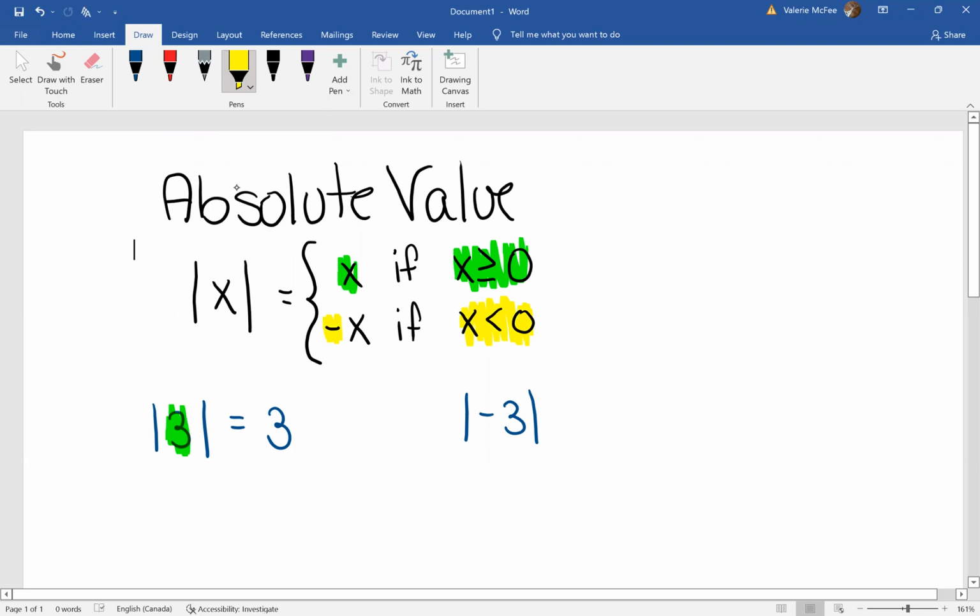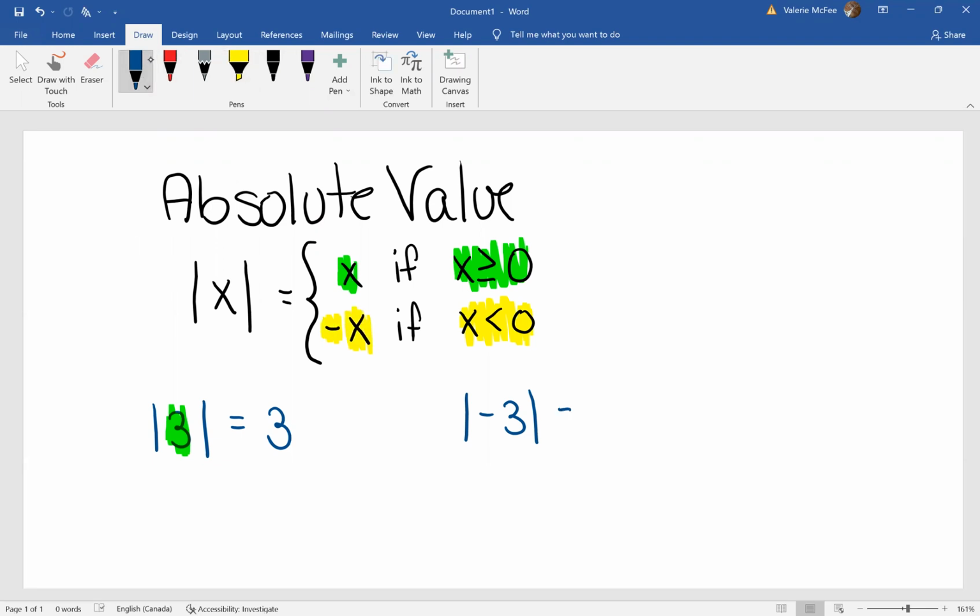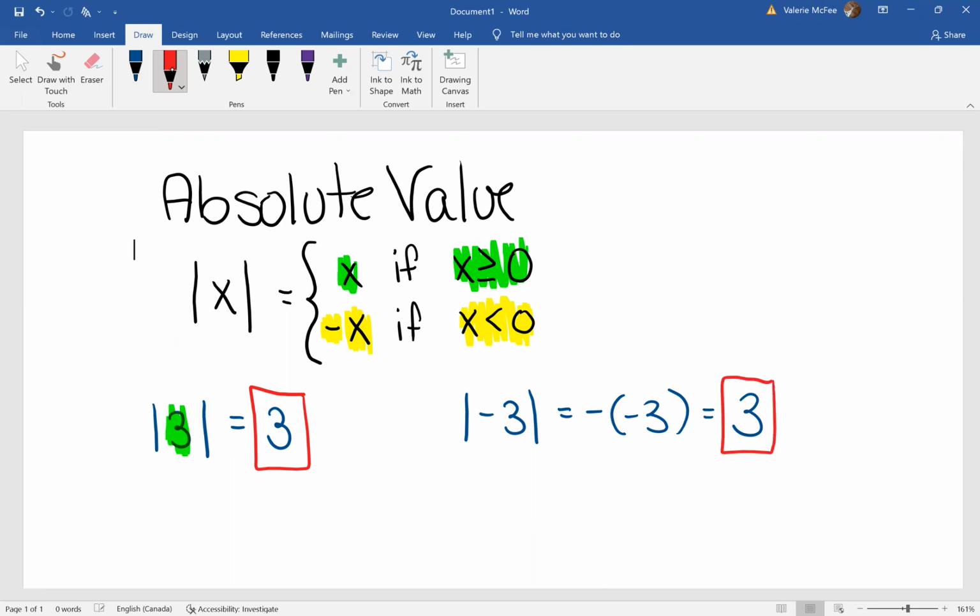So I need the negative of x. In this case, x is -3. The negative of -3 is, of course, +3. The absolute value of 3 equals 3. The absolute value of -3 equals 3.